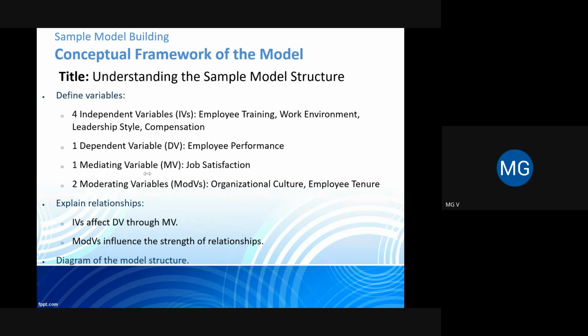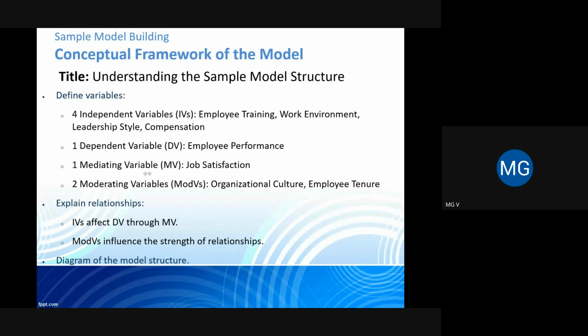We have 4 independent variables: employee training, work environment, leadership style, and compensation, which influence the dependent variable, that is employee performance. Job satisfaction acts as a mediating variable, explaining how IVs impact the DV.